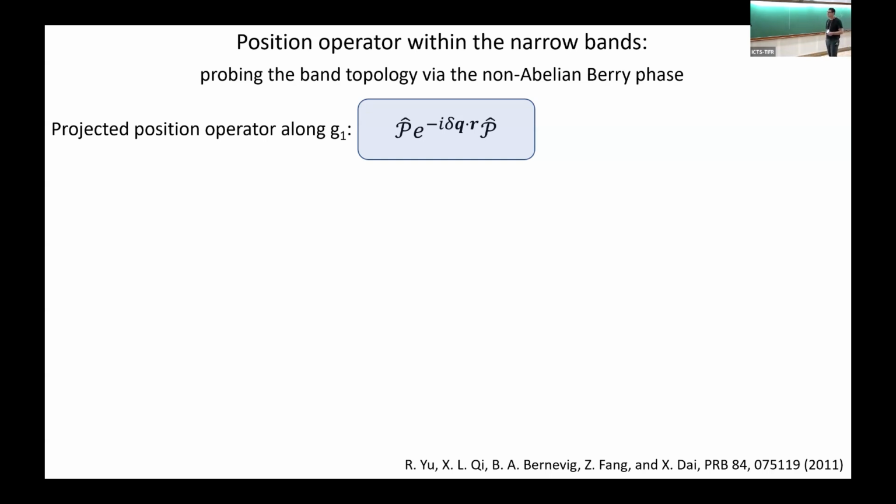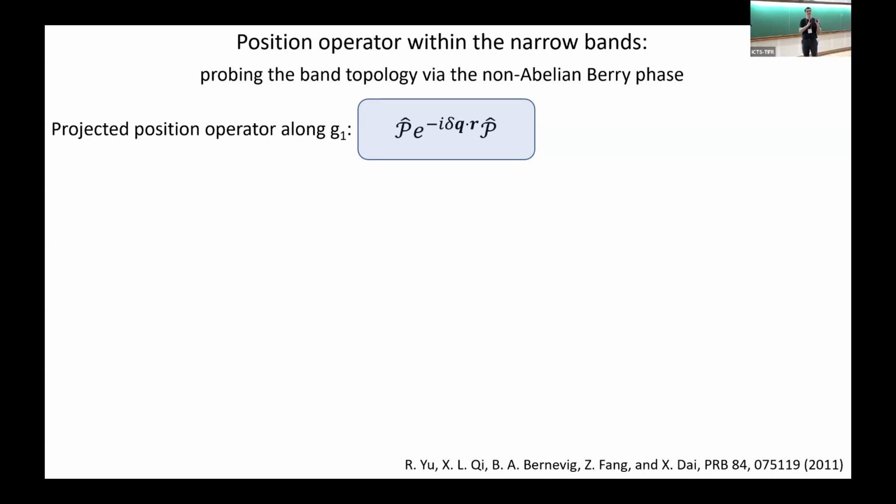One nice way to do that was introduced by these gentlemen, is to study the eigenstates or eigenvalues of a position operator when we project this position operator to the Hilbert space of interest to us, so the subspace of interest. For us, that subspace will be the narrow bands.